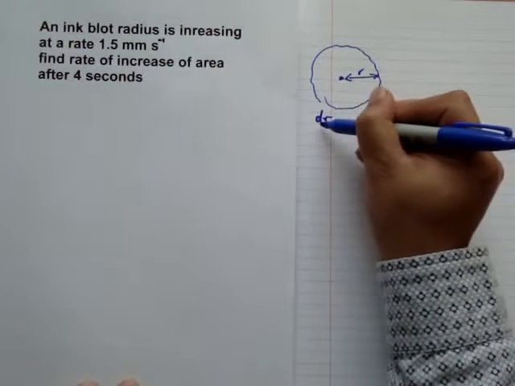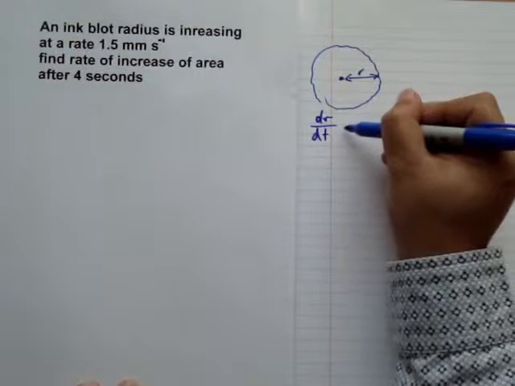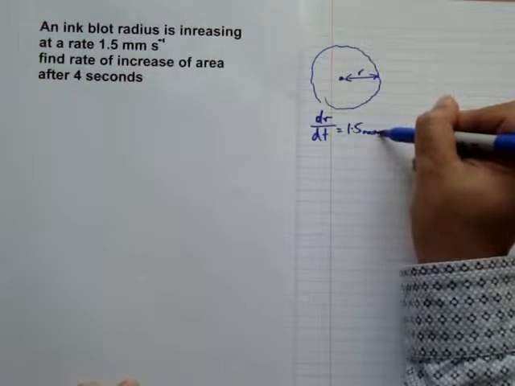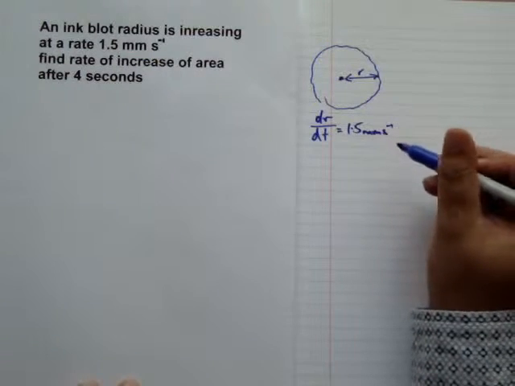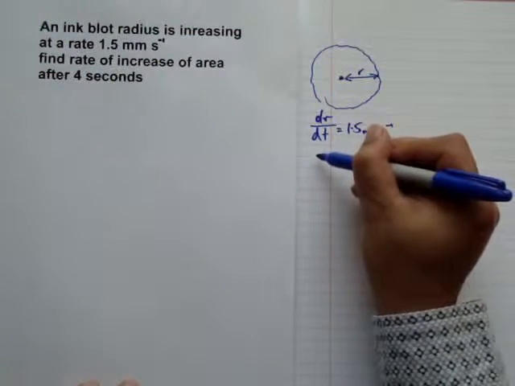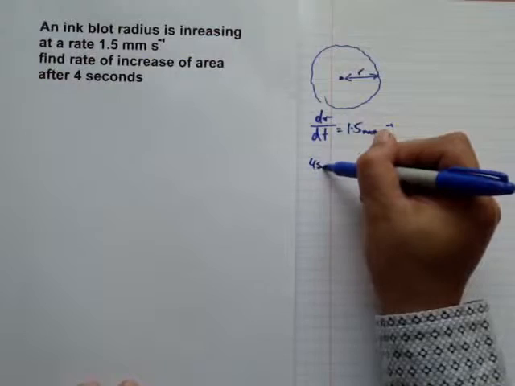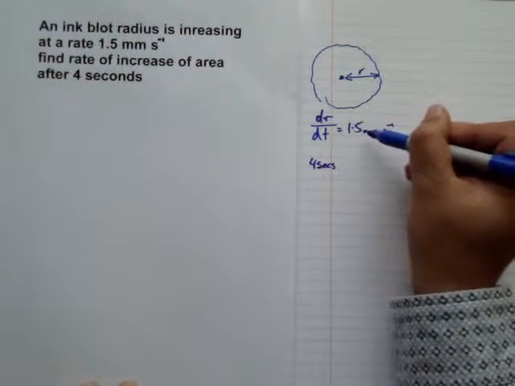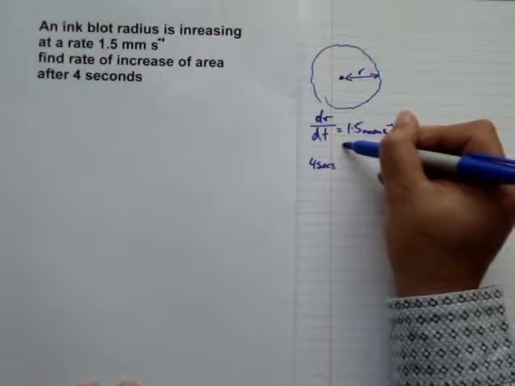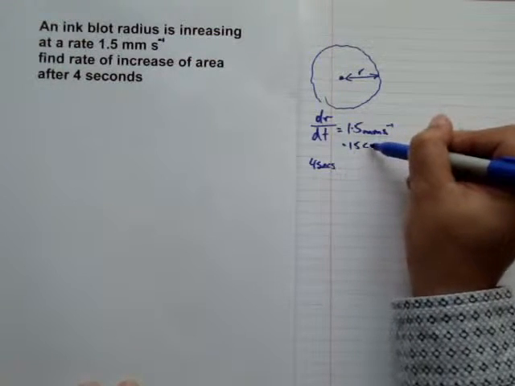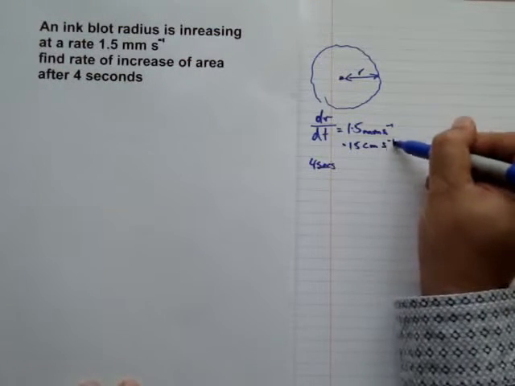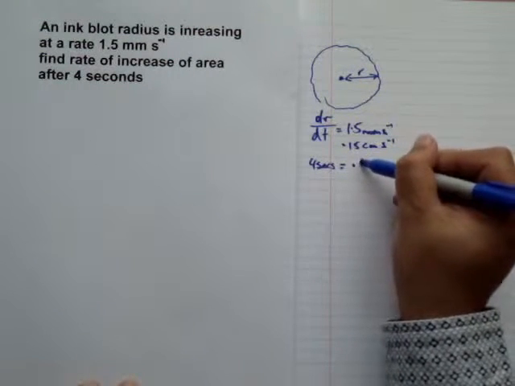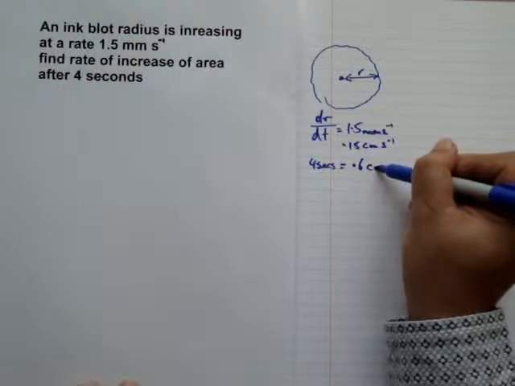So dr by dt equals 1.5 millimeters per second. After 4 seconds, if we convert that into centimeters, that's 0.15 centimeters per second. After 4 seconds, the radius will be 0.6 centimeters.